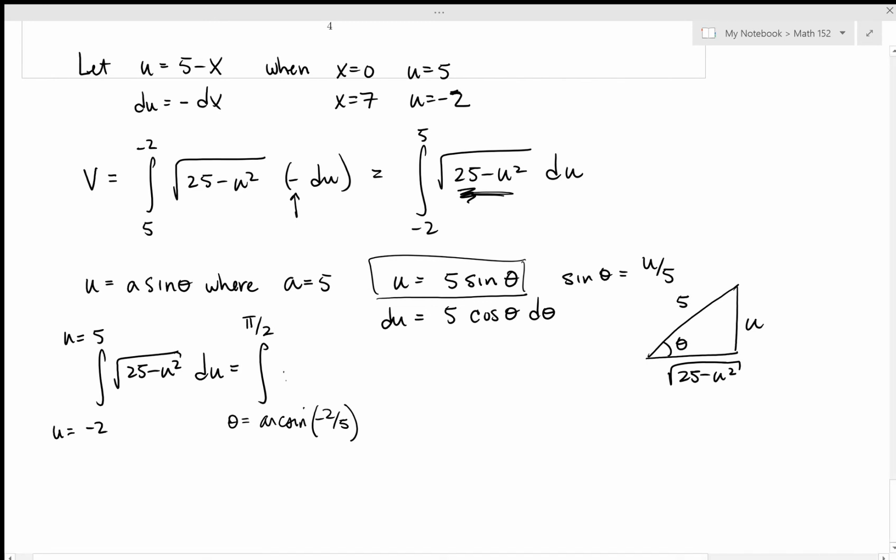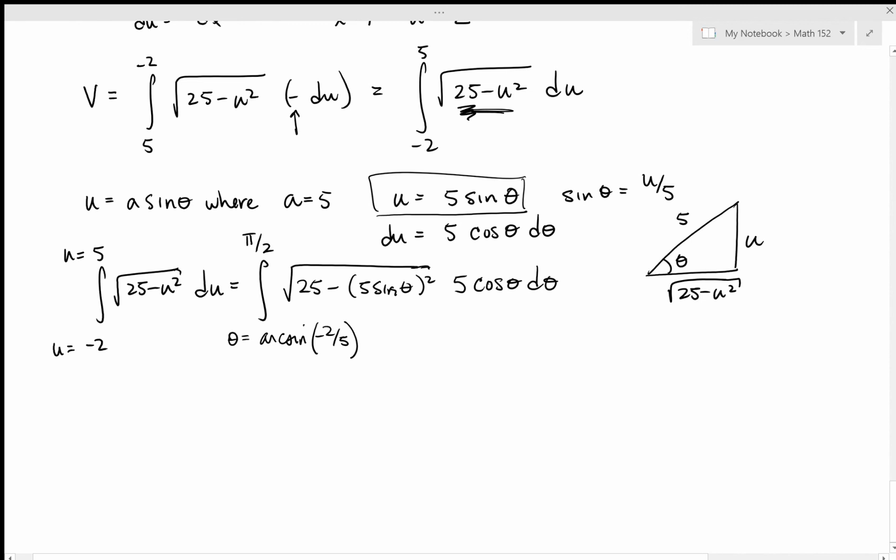Okay, let's keep going with the substitution. That is going to be 25 minus u, 5 sine squared theta. Be careful here: 5 sine theta all squared. And then we have du, 5 cos theta d theta. All right, now we should be able to complete this whole thing. Next step, some simplifying algebra.